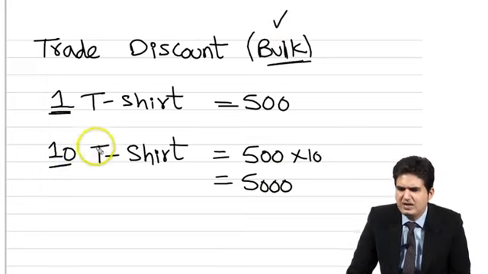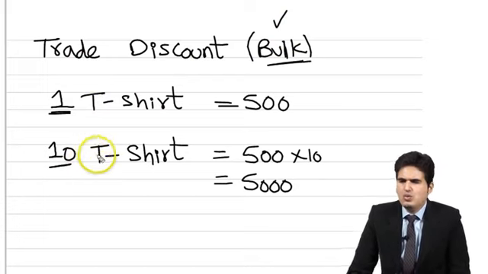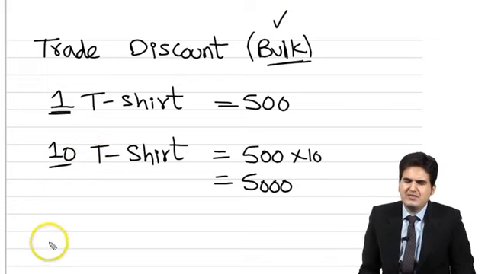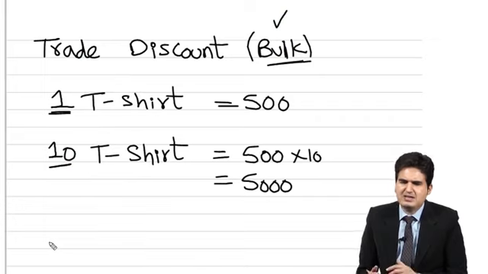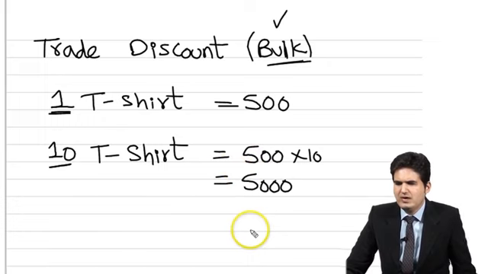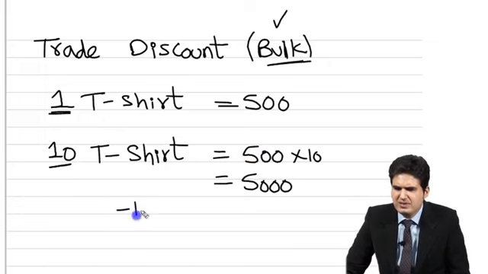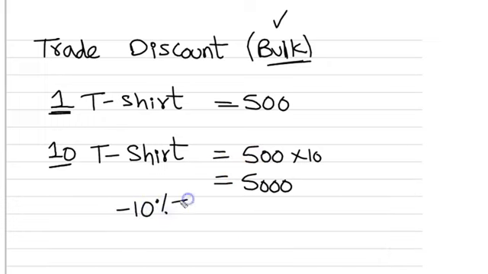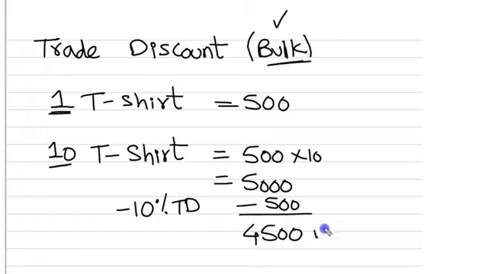So if the supplier does not give me any discount, I will go to another supplier. I'll find a supplier who is ready to offer me some kind of concession. So let us say he gives me a 10% trade discount, alright, because I have purchased the goods in bulk quantity. So it will be deducted from here, rupees 500, and the actual price that he will charge to me is 4500.